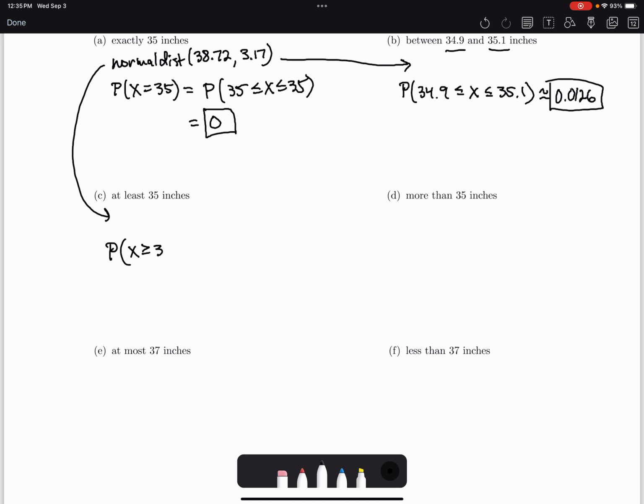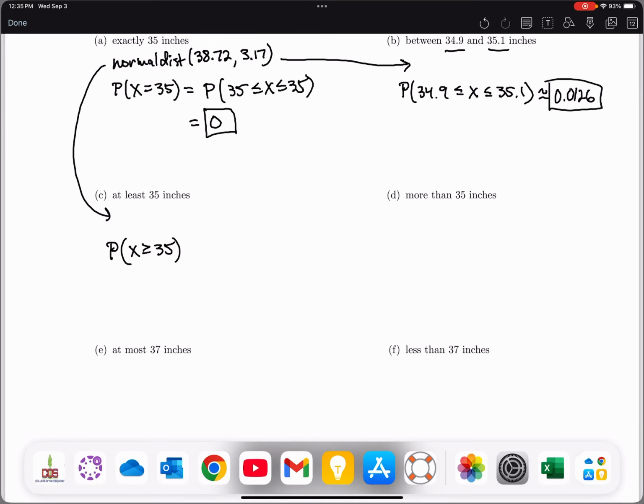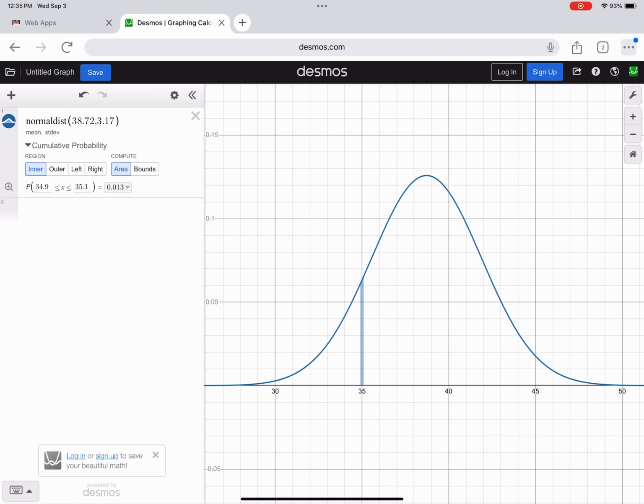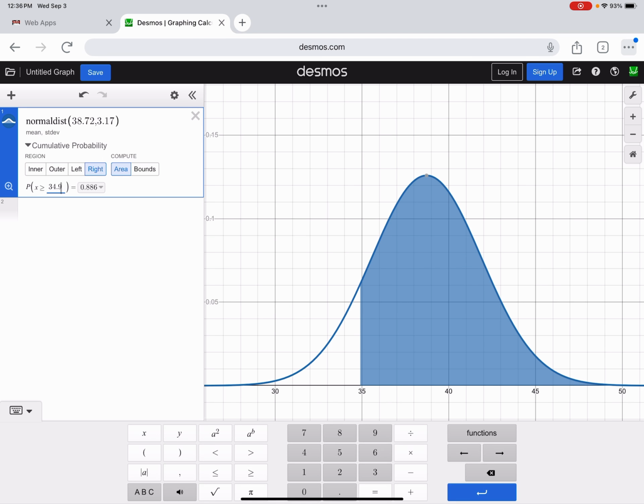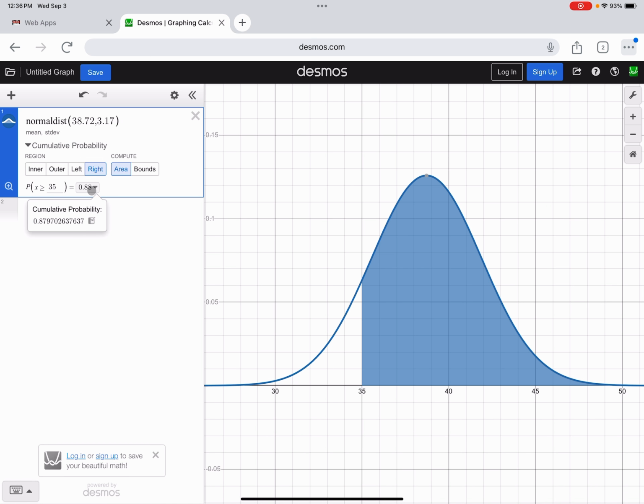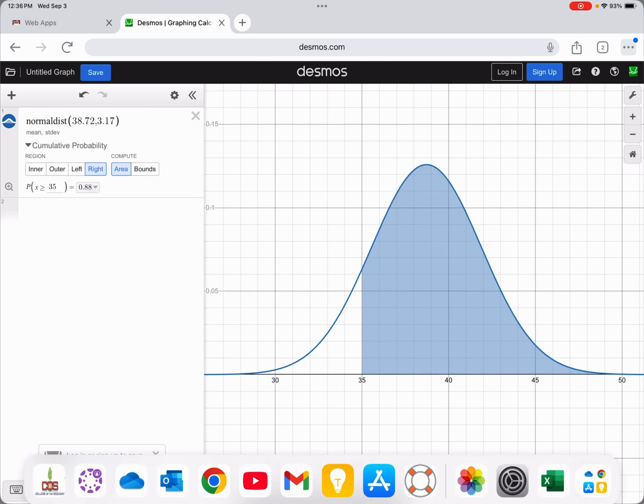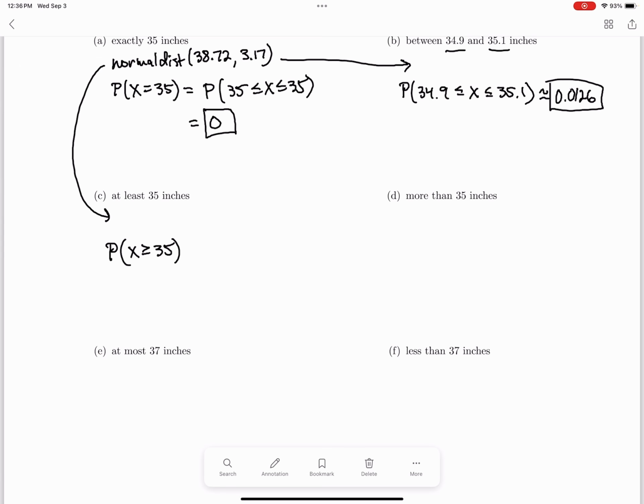So greater than or equal to 35. So in Desmos, we're going to have to use a right region, right? So that we're doing greater than or equal to 35. And that looks like it's about 0.8797.